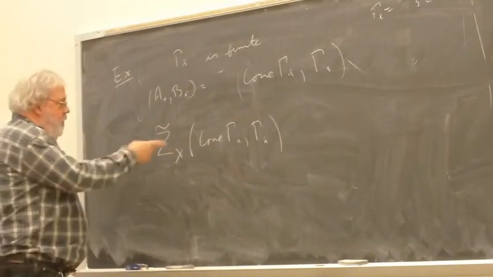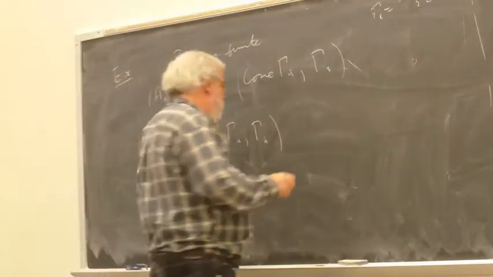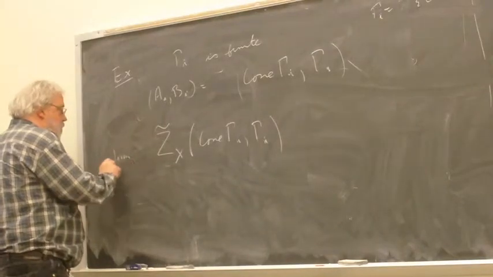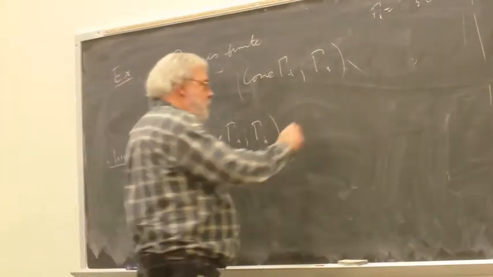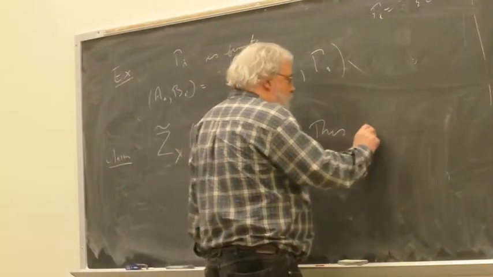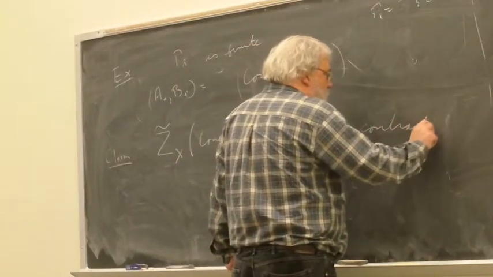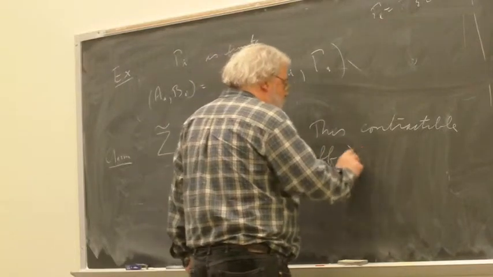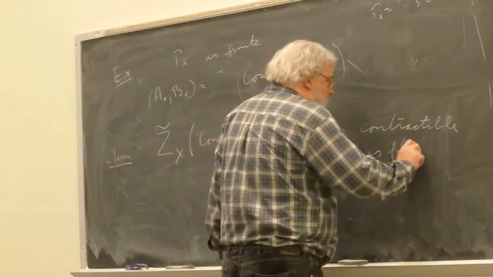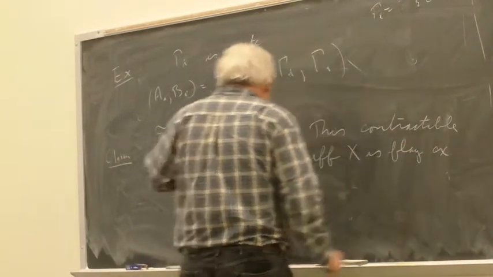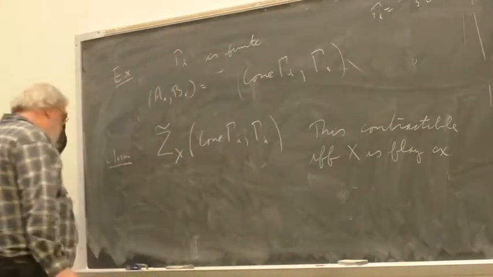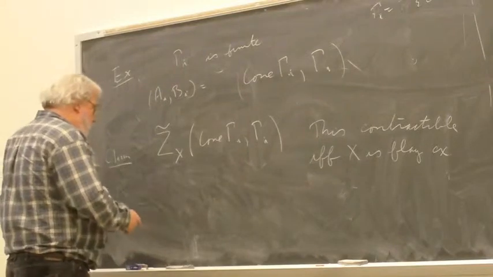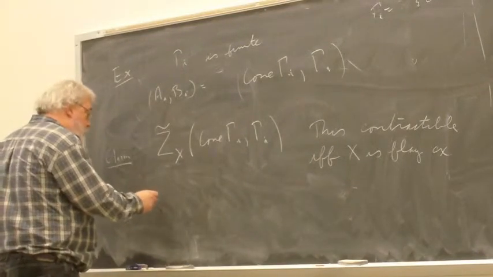And the claim is that this is contractible, at least if, and if and only if, X is a Flag complex. And the graph product acts on it, possibly not freely, but with finite stabilizers.